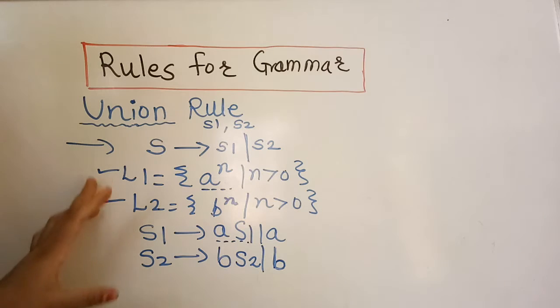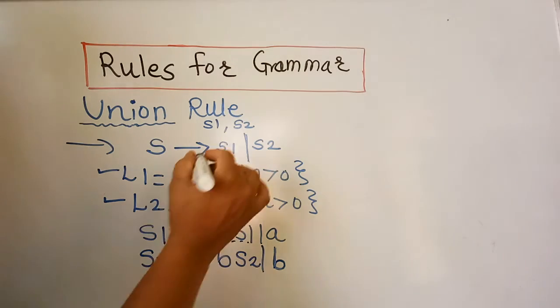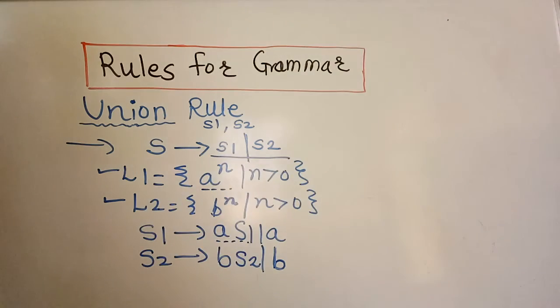This is the solution for L1 and L2. But what is the actual task for us? We have to union these two grammars. How? We all know the rule S gives S1 | S2, where the slash means or.